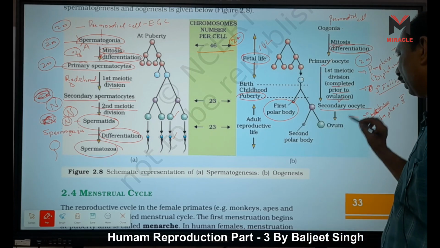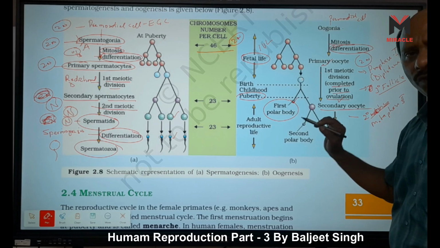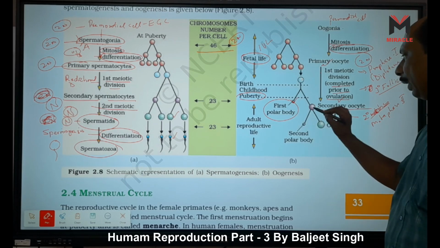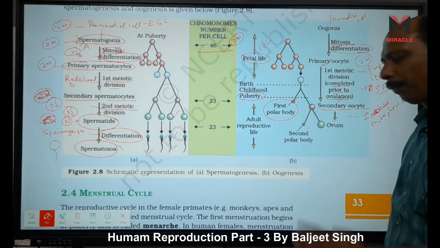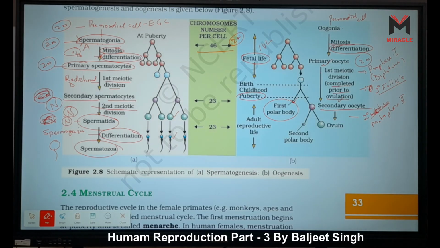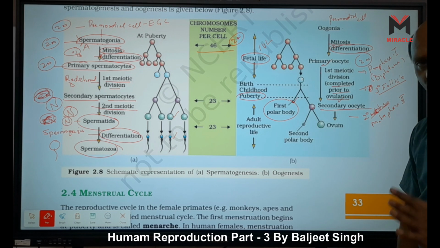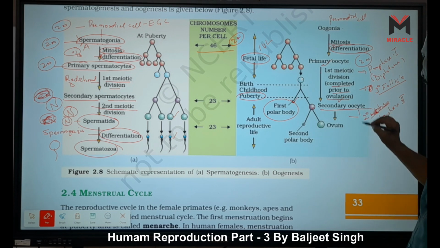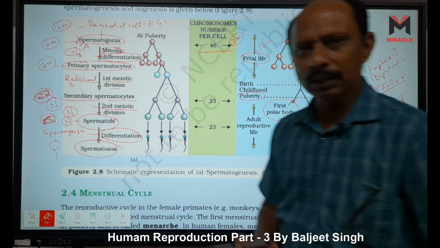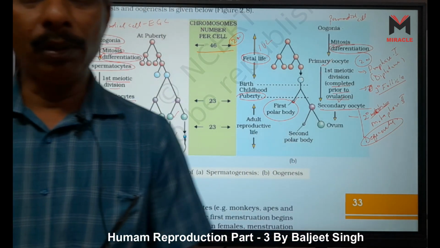Now here, what happens? If fertilization occurs, then this secondary oocyte completes meiosis II, right? And if fertilization does not occur, then what happens? This secondary oocyte degenerates without completing the second meiosis.